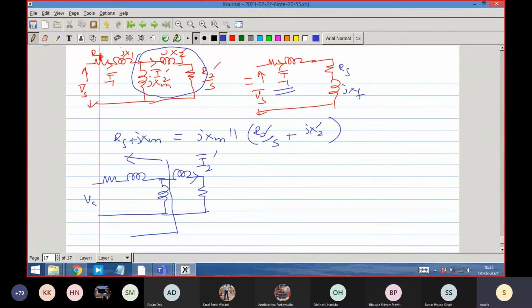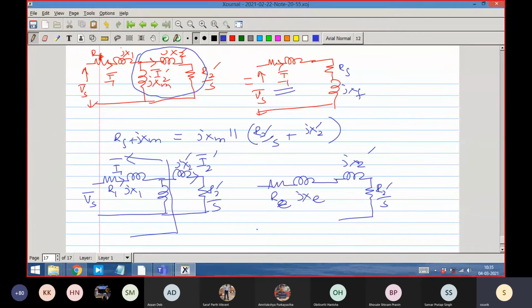This is VS, R1, JX1, I1, JX2 dash, R2 dash by S. R2 dash by S and X2 dash will be preserved, and here we will make an equivalent circuit, that is RE equivalent, JX equivalent.